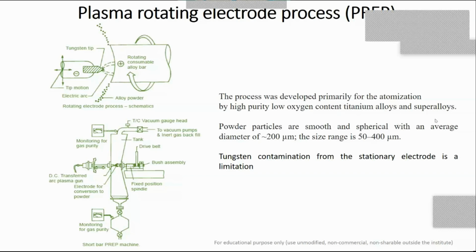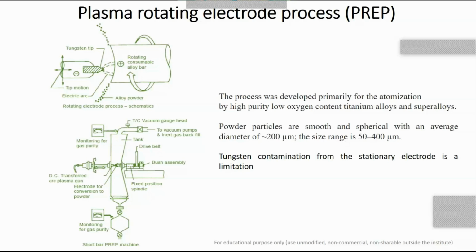Titanium alloys and super alloys are of high melting point, so the plasma generated at the surface can easily melt these materials, and they will easily be converted into powder form. However, there is a large size range, 50 to 400 micron, which you obtain in this case.